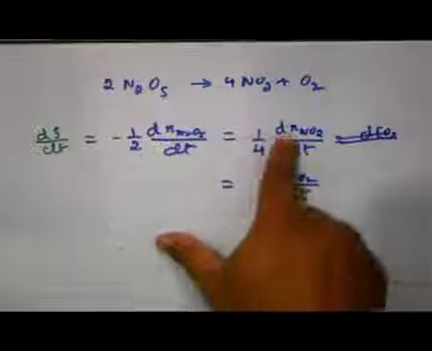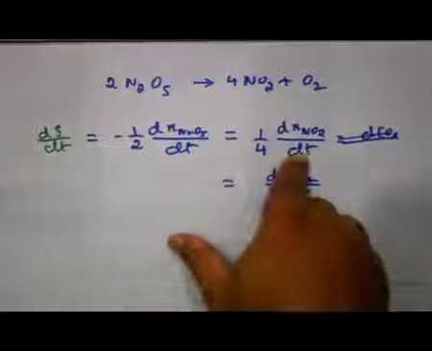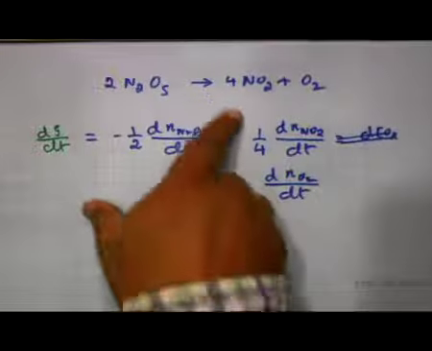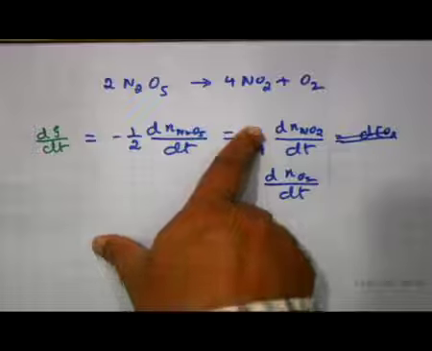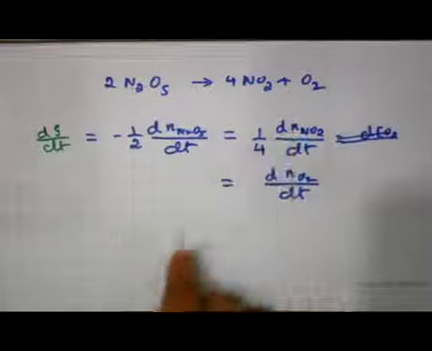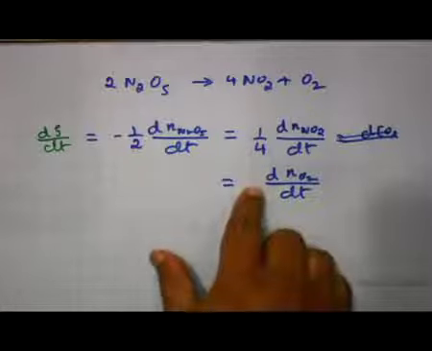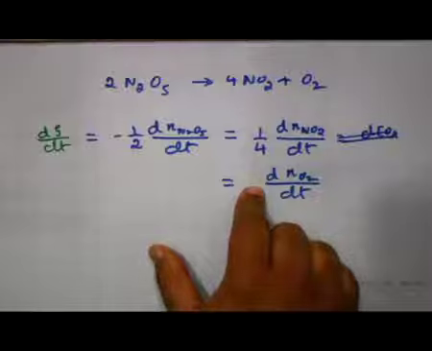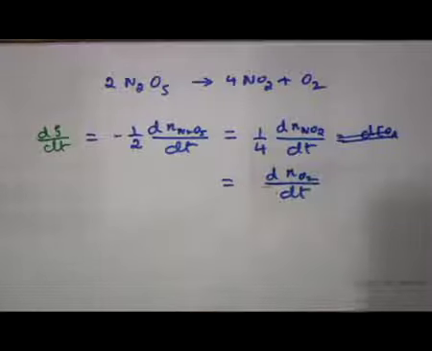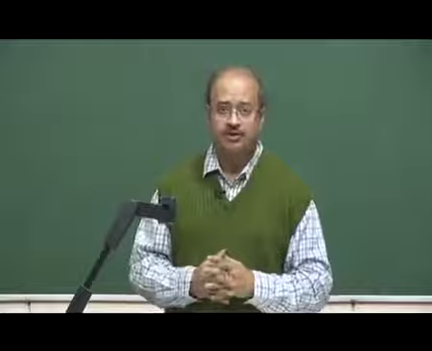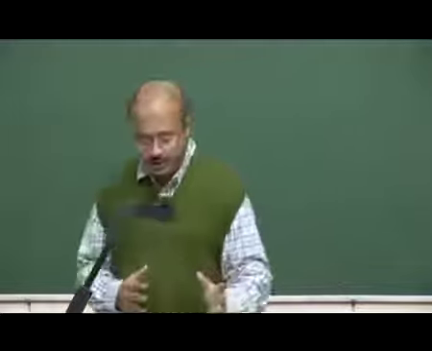So, 1 by 4 dNO2 over d of t, and this is equal to the change in the number of moles of oxygen over time. What is the stoichiometric coefficient? It is plus 1, and hence this is how it comes about.